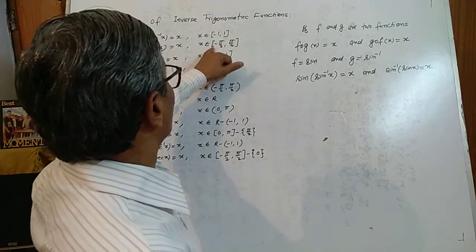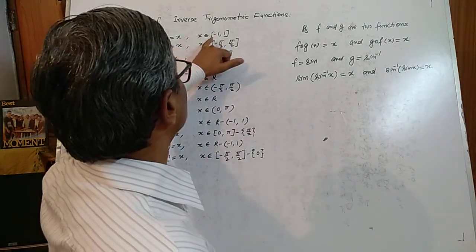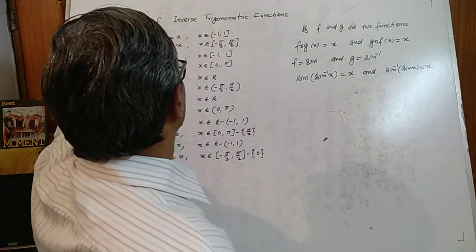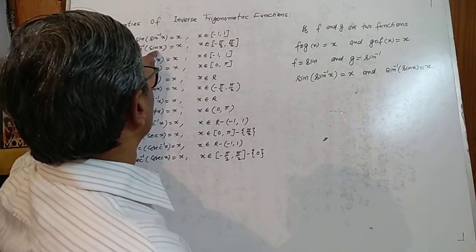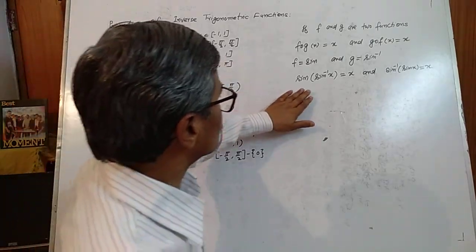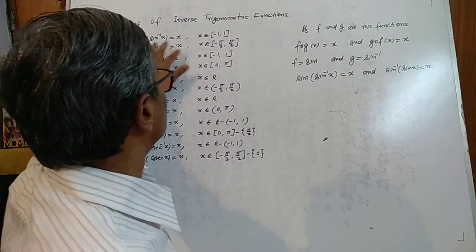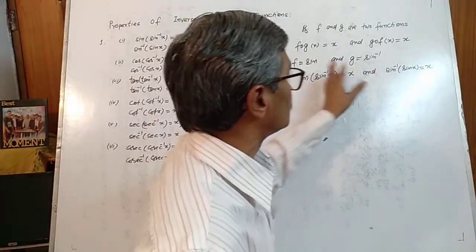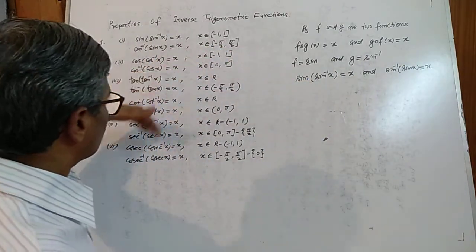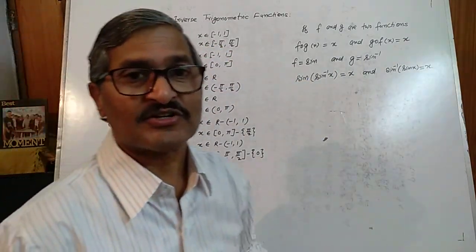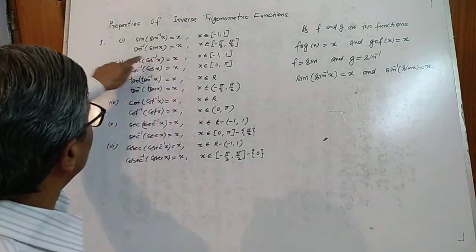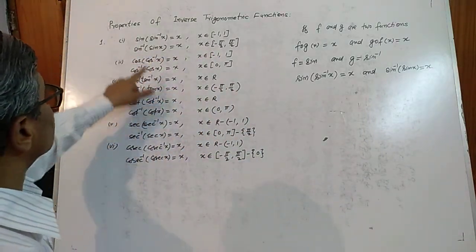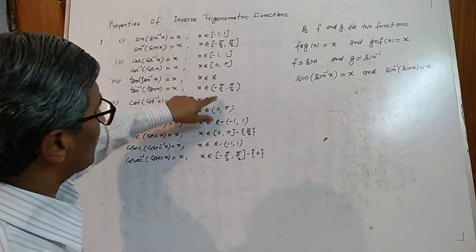So these are the domains: the value of x indicates the domain for the sine inverse function, and this is the domain for the sine function. This way these identities, these properties, are related to composition, and similarly other properties are also derived. After deriving these properties, this will be applicable for all the trigonometric functions, only their domains are changed.